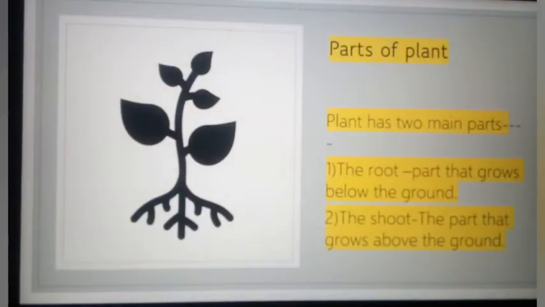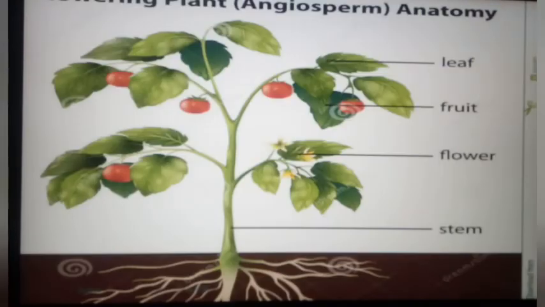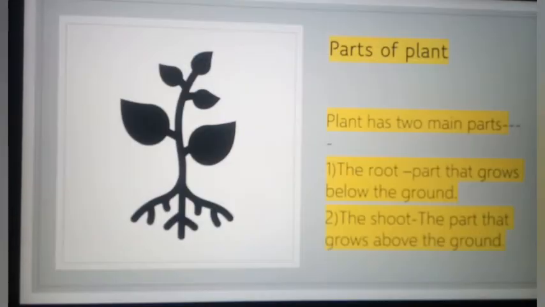So that only I have described here, two parts, root and shoot. Now in this picture, leaf, fruit, flower, stem, these all are lying in the shoot part.